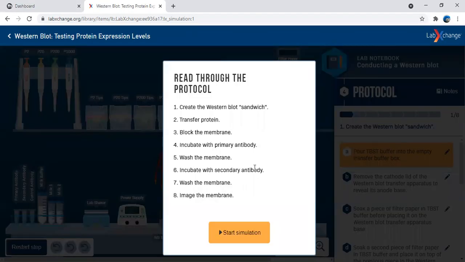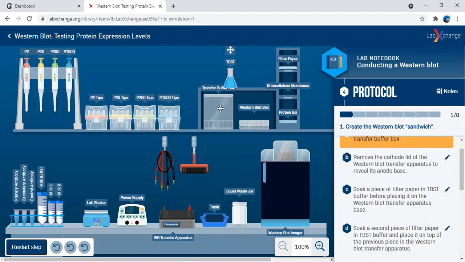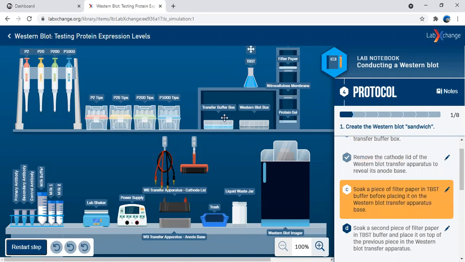I'm going to read through the protocol: create the Western blot sandwich, transfer protein, block the membrane, incubate the primary antibody, wash the membrane, incubate with the secondary antibody, wash again, and image. I'm going to follow these instructions here, so I don't talk much.